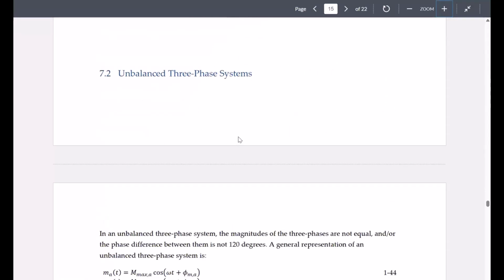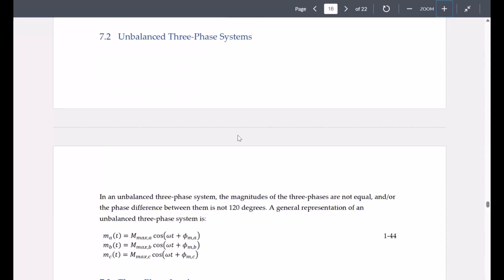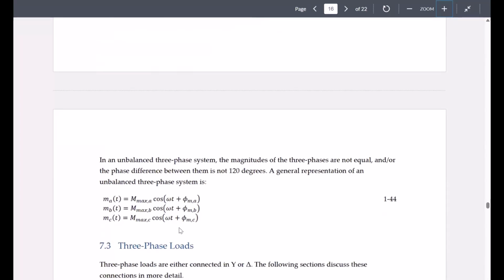Now, if the system becomes unbalanced, this means that either the phase shift is not 120 degrees as we expect, or the maximum values of those sinusoidal waveforms are not exactly the same. If either of these things happens, the system becomes unbalanced.